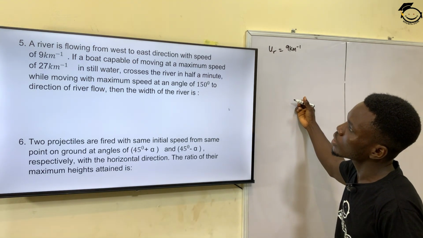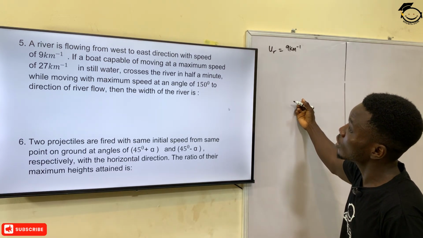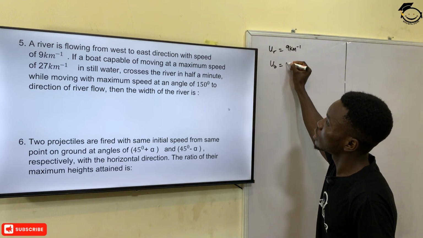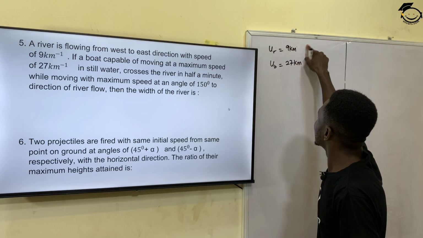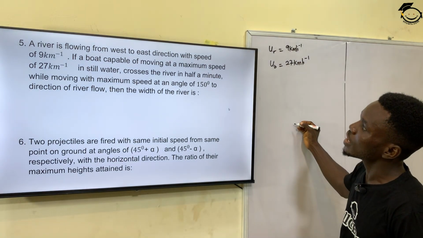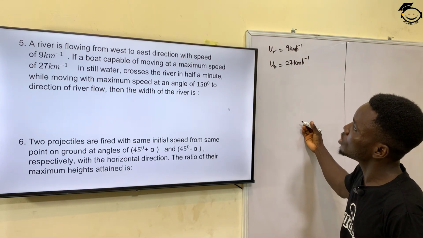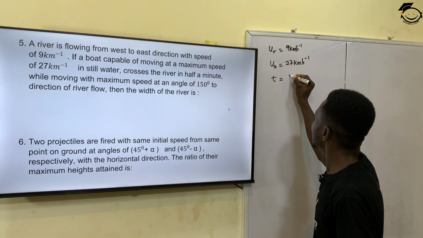It says a boat capable of moving at a maximum speed of 27 km/h, so the velocity of the boat is 27 km/h, in still water, and this crosses the river in half a minute. So the time taken here is half a minute.